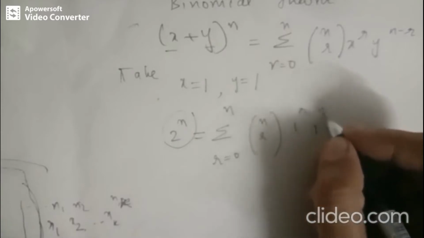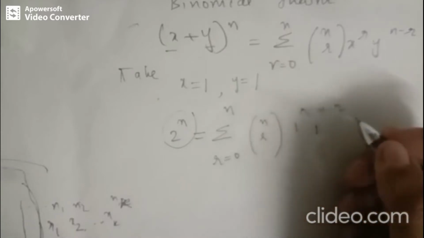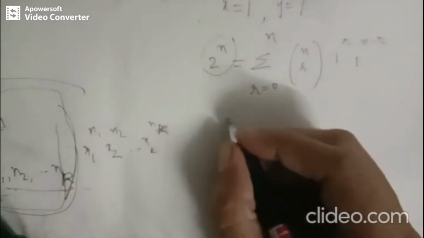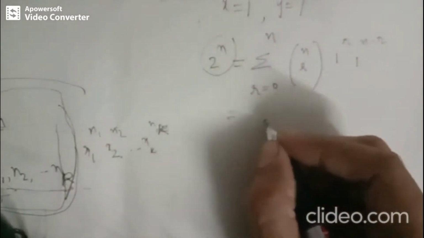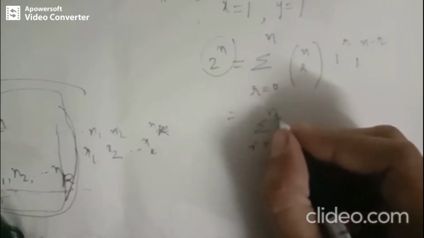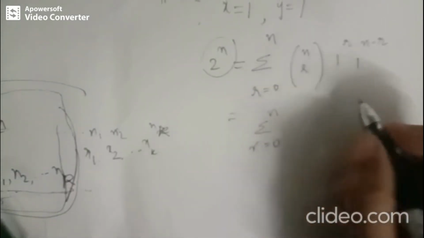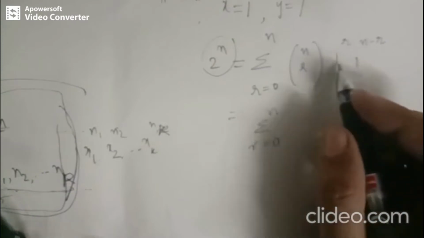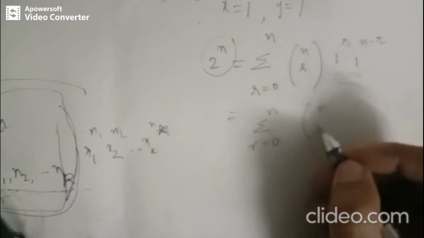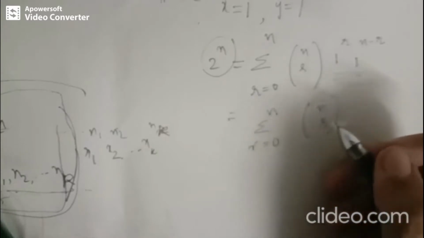So 1 raised to r, 1 raised to n minus r. This will be reduced to the summation of r is 0 to n, and since 1 raised to any power is 1 itself, it is nothing but nCr.